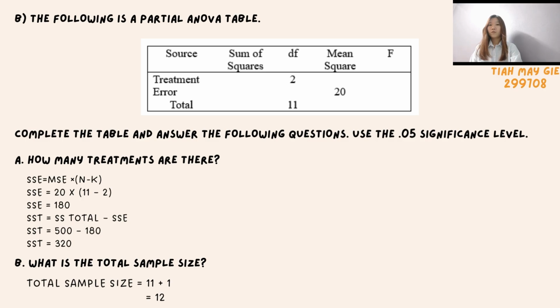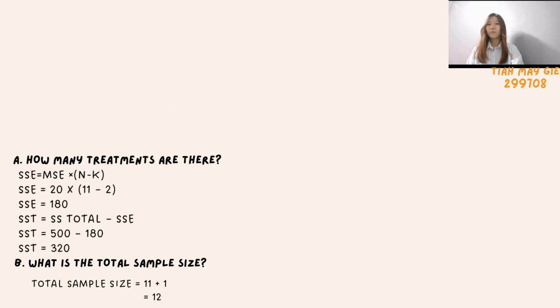To find the SST, we use SS total minus SSE, 500 minus 180, equal to 320. For B, what is the total sample size? Total sample size is equal to the DF total plus 1, which is 11 plus 1, equal to 12.